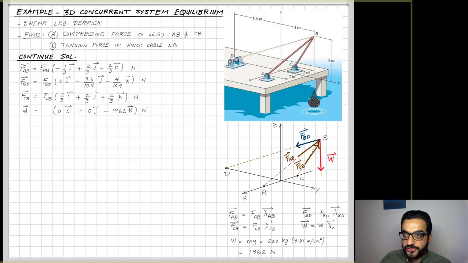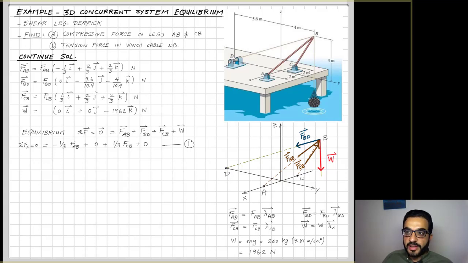The next step is just putting the equilibrium equation. I have it as a general equation, a vector equation, but I can break it down into the sum of the force components in the X, the Y, and the Z. So if you imagine this is kind of a matrix, all the vector notations here for all the forces I can put in a matrix, or a table, if you think.